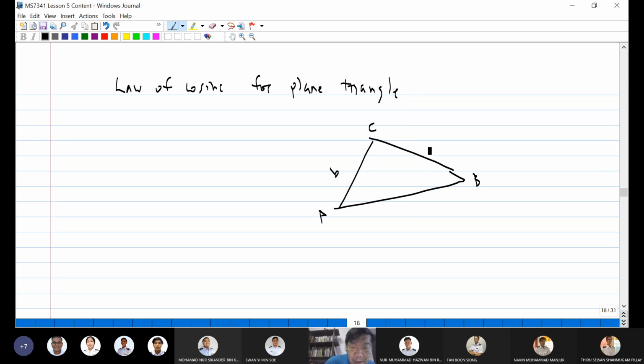This side is B, this side is A, this side is C. So the law of cosine for a plane triangle is c squared equals a squared plus b squared minus 2ab cosine theta C. This is just in case you have forgotten. So this is a plane triangle, so don't get confused.